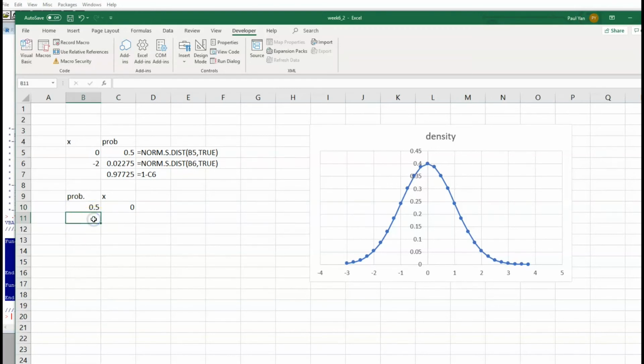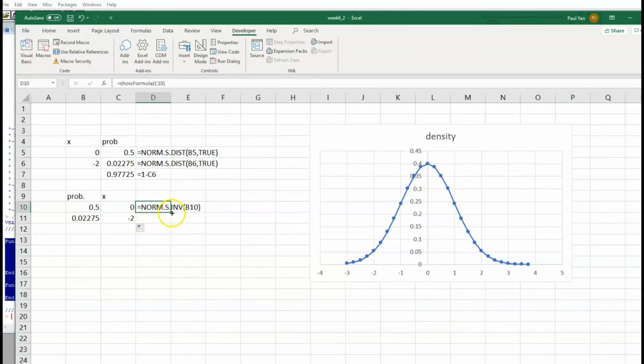Suppose we have this value, then we should get negative 2. Let's use show formula. Show formula 0, and then this one is negative 2.